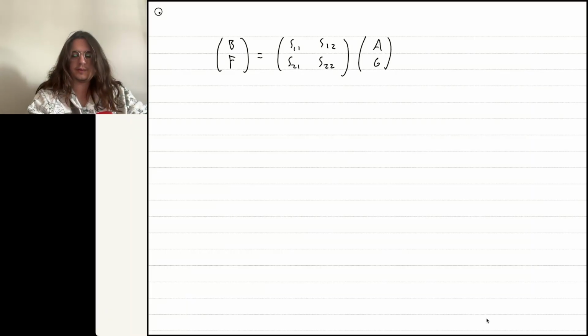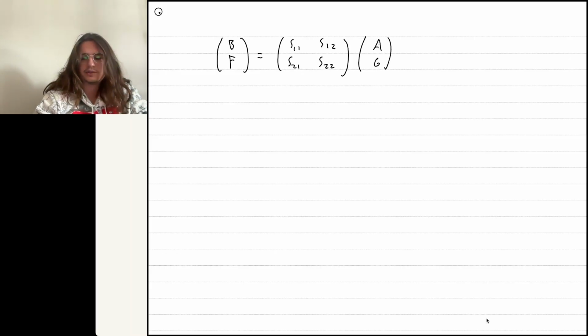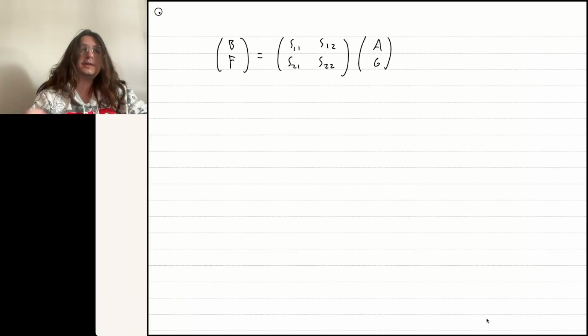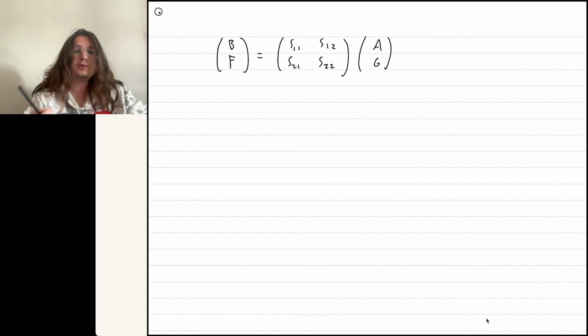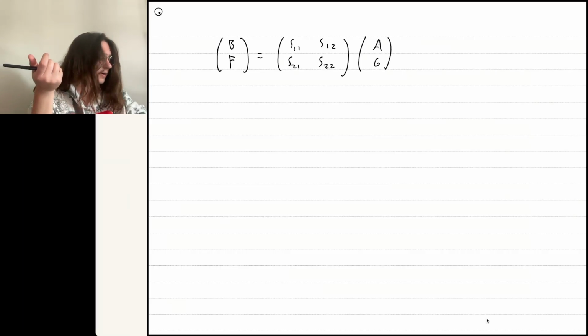This problem turns that into a linear algebra equation where the vector BF is equal to something called a scattering matrix times the vector AG, where B, F, A, and G are all just constants that you attach to your exponentials. A and B are on the left side of the scattering and F and G on the right side.